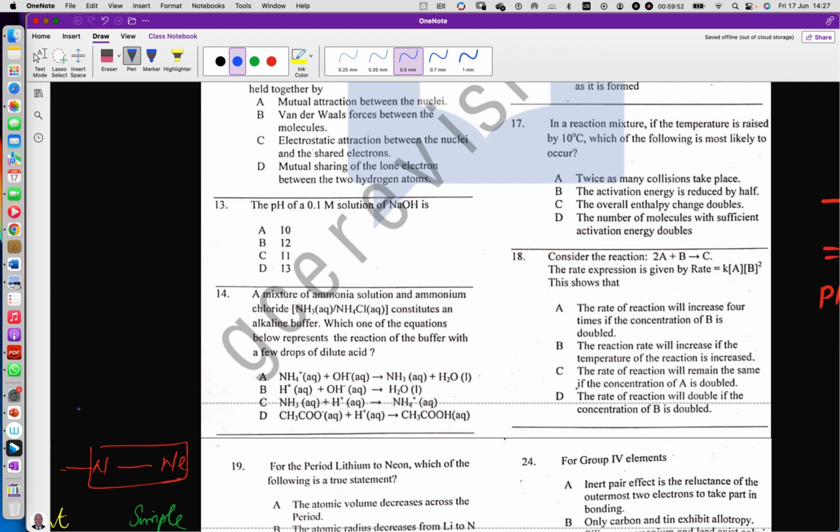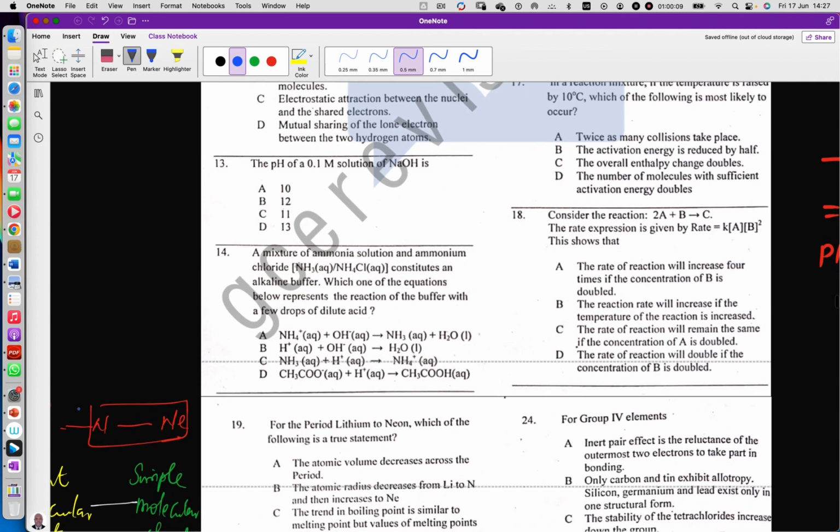There will also be an increase in collision of particles, and when there is an increase in collision of reacting particles, there is therefore an increase in the rate of a chemical reaction.